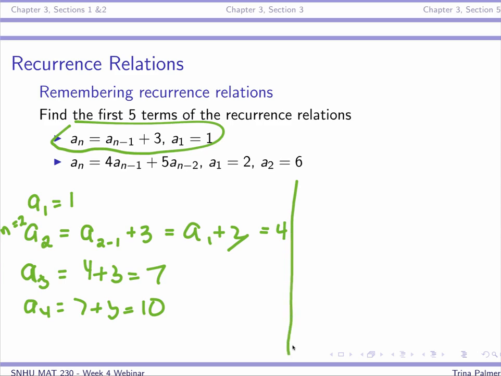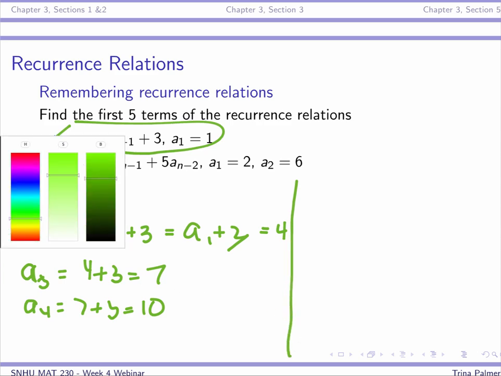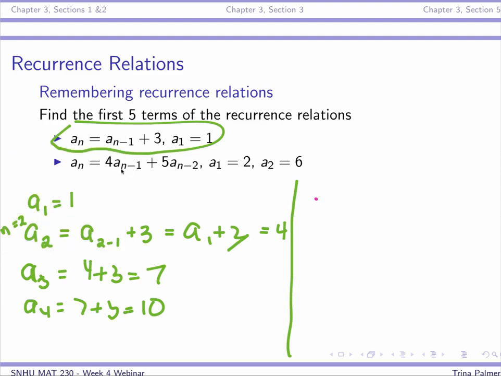The next one is a little bit different because it has an n minus 2 term. So this means the previous term, and the a sub n minus 2 is like the previous term, the time before the time before. So that's why we have 2 starting values, because it depends on the last 2 terms.